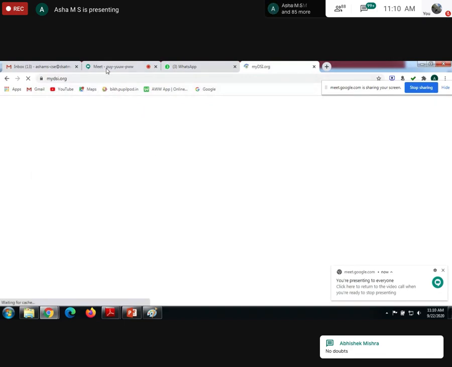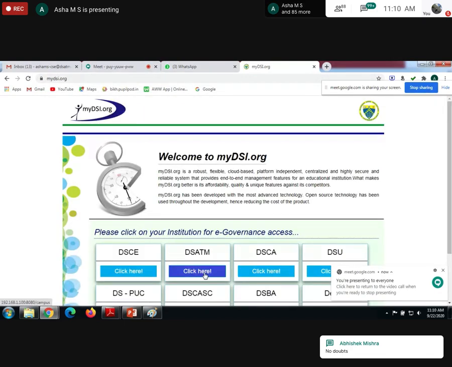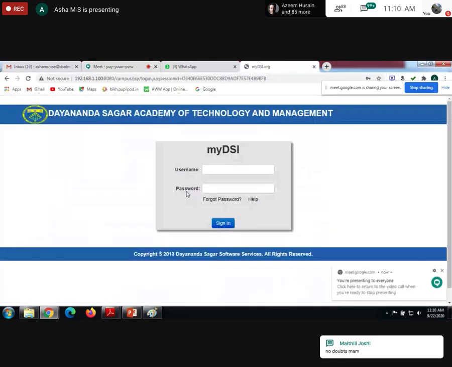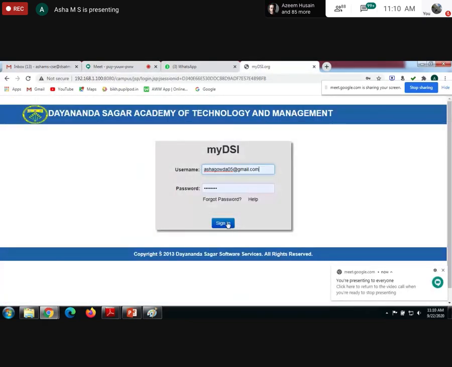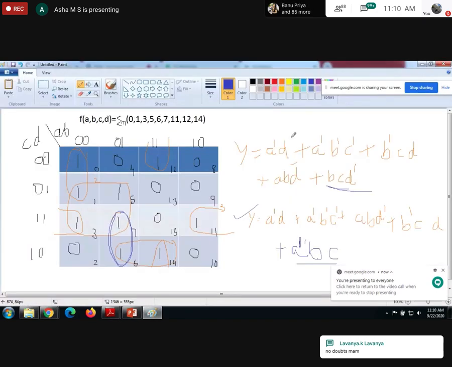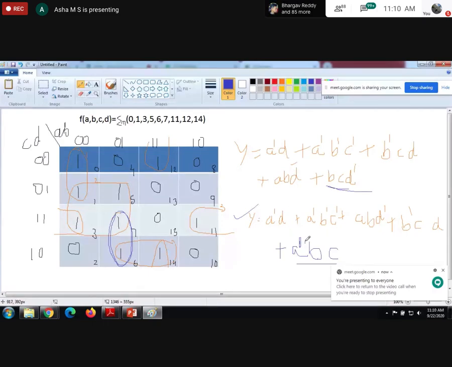Any doubts in this problem? Copy this. Don't write both answers, please. See, blue color what I marked: if you pair like that, second answer. If it is with orange, answer is first one. Both are correct.